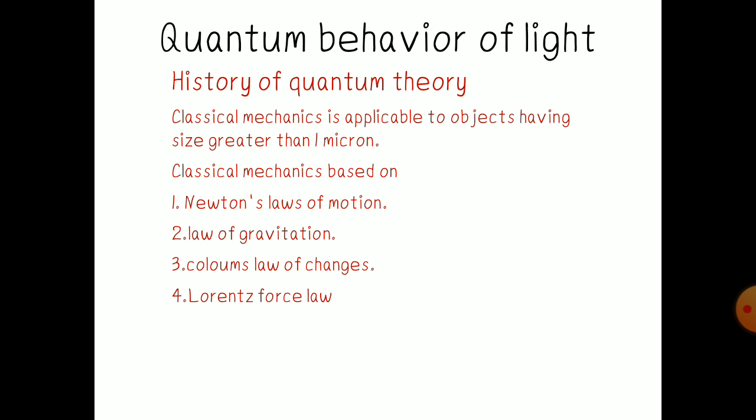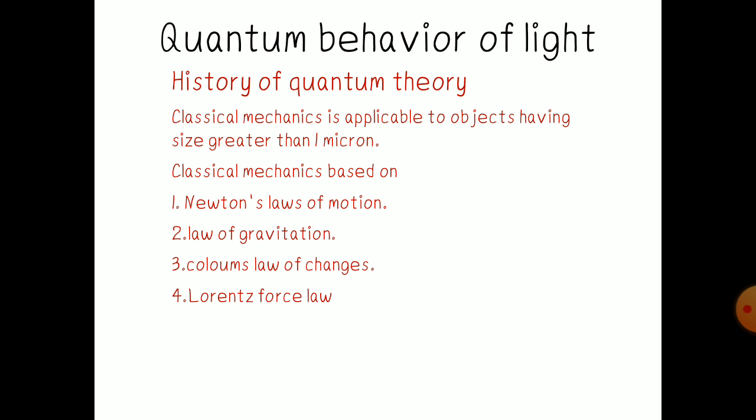So F12 is equal to minus F21. The minus sign indicates that the two forces are in opposite directions. This is Newton's third law of motion.